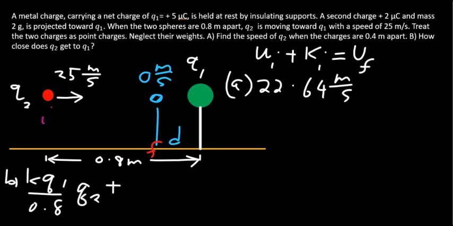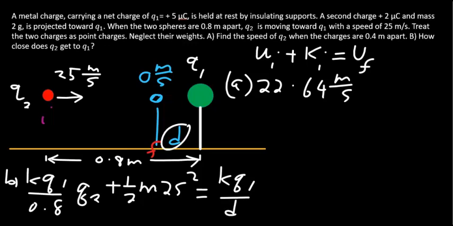The kinetic energy there is half times m times 25 squared, equals the final point. The potential energy there is again KQ1 over the distance, which is d, times Q2. There is no kinetic energy at point F because it comes to rest.